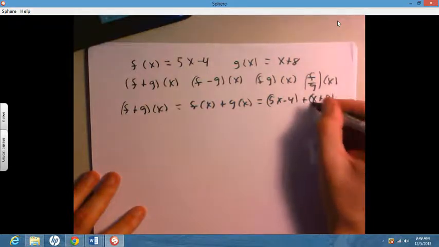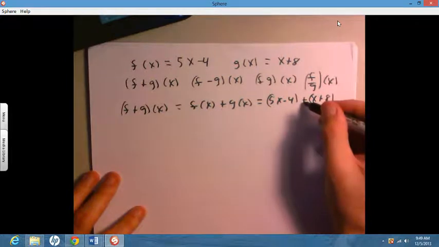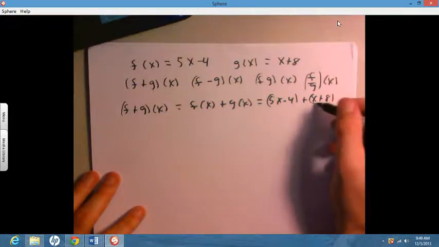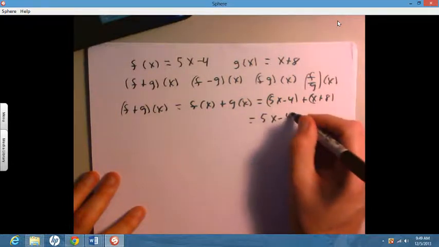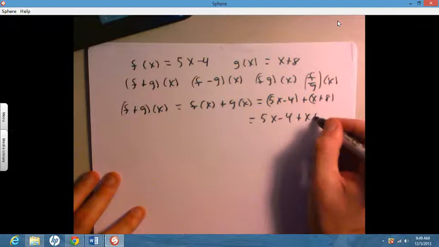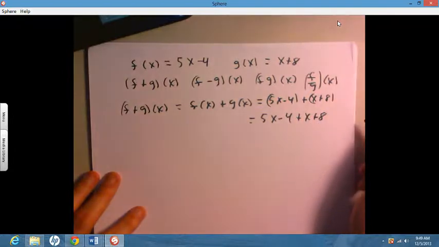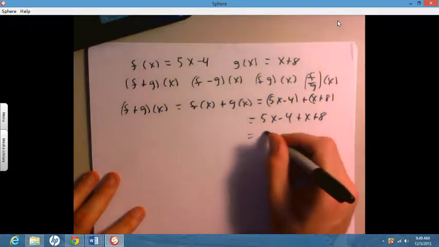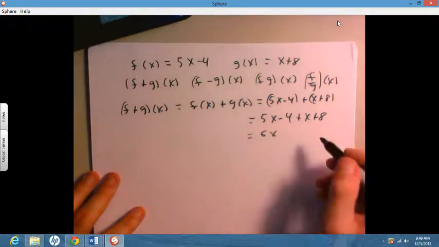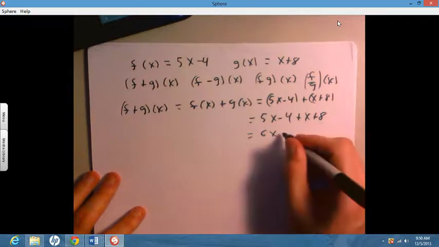Since they're separated by just a plus, I can go ahead and remove the parentheses, and I have 5x minus 4 plus 8 plus x. I have a 5x and an x, which gives me a total of 6x. I have a negative 4 and a positive 8, which gives me a total of positive 4.